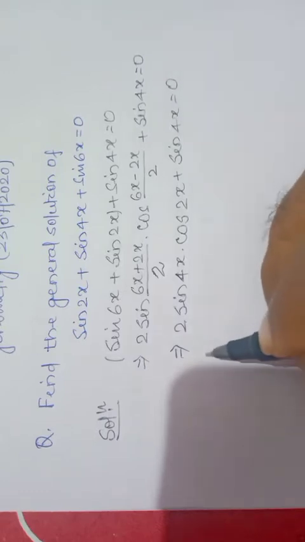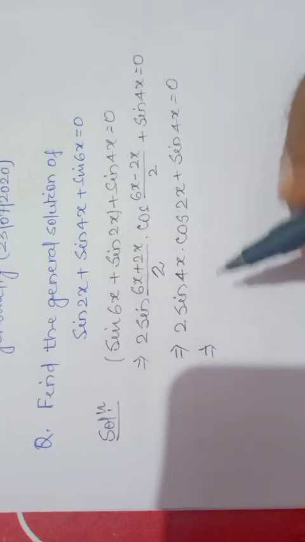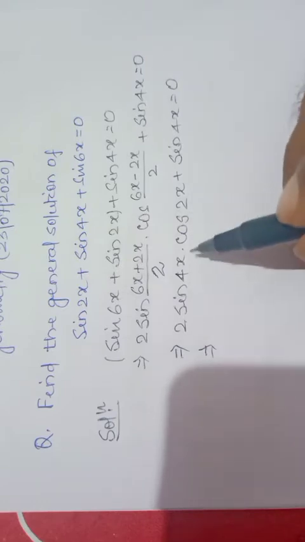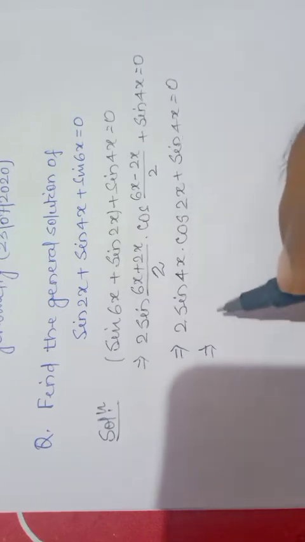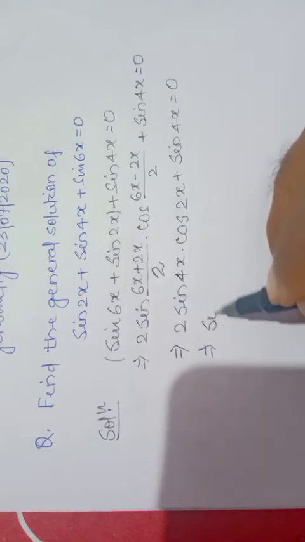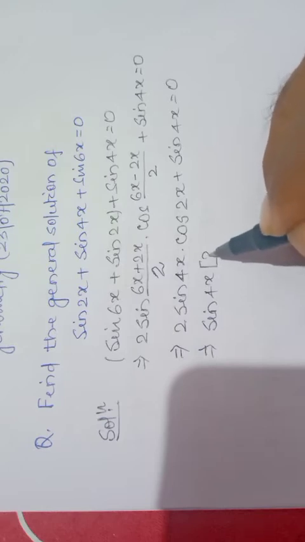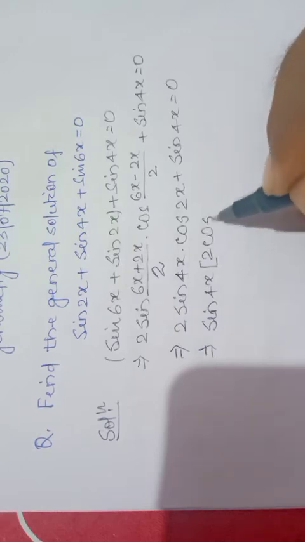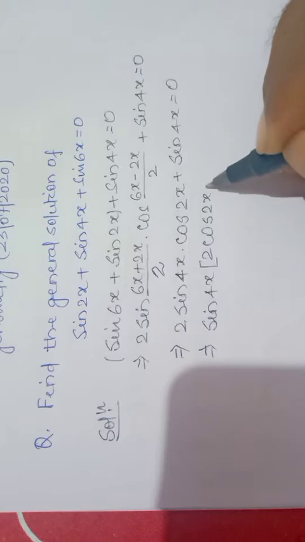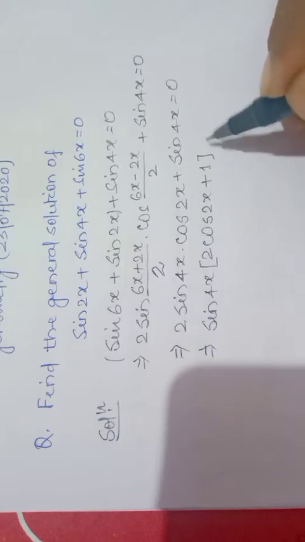Now take out the common term. I think sin 4x is common between these two terms, so take it out. Sin 4x taken as common, then it should be 2 cos 2x plus 1 equals 0.